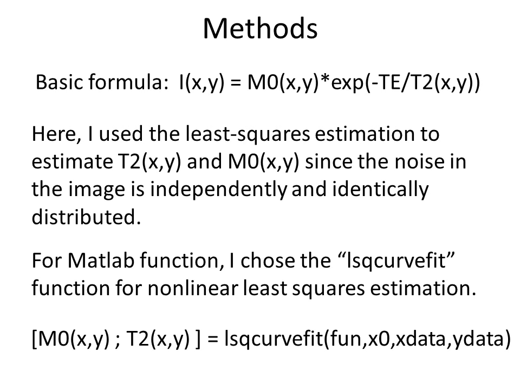Here, I use the least square estimation to estimate the T2 map and M0 map, since the noise in the image is independently and identically distributed. And for the MATLAB function, I choose the lsqcurvefit function for nonlinear least square estimation. And here is the description of this MATLAB function.